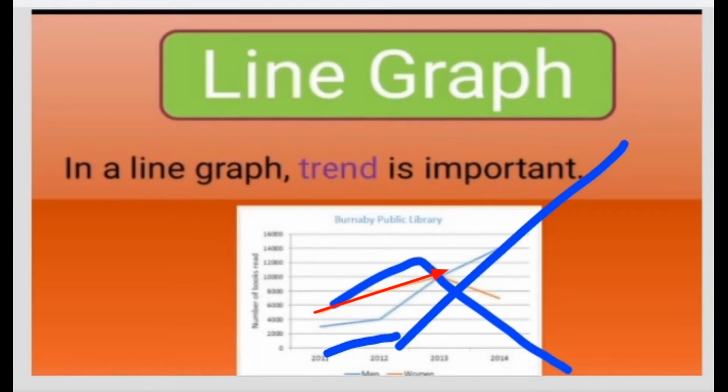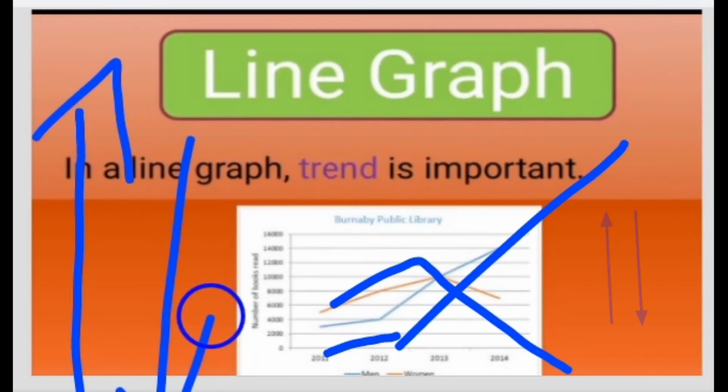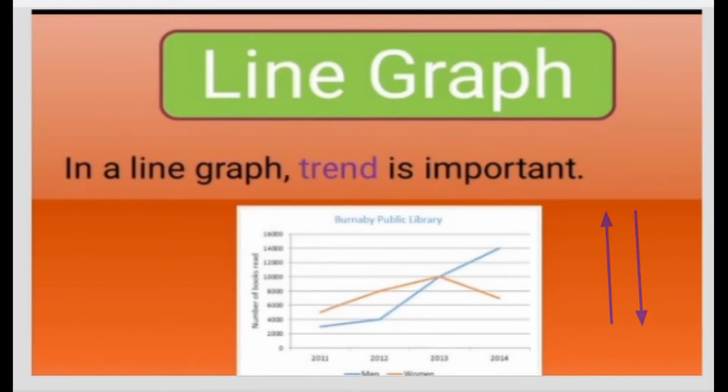So this increase and decrease of these lines are called trends. In the graph, we need to understand the trend and analyze it in the paragraph.